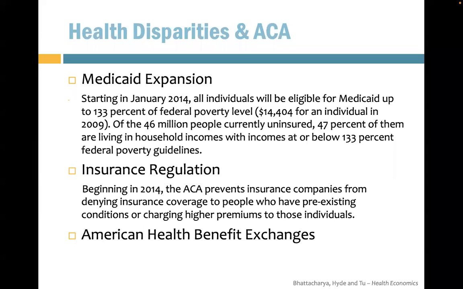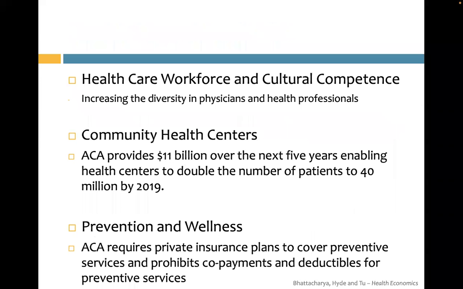That can eliminate almost half of the people that were not eligible for Medicaid. It regulated insurance. It tells insurance companies that they cannot deny people with pre-existing conditions. It also regulates health benefit exchanges.